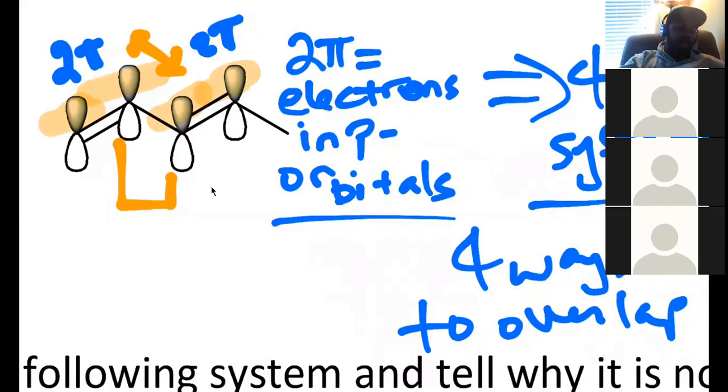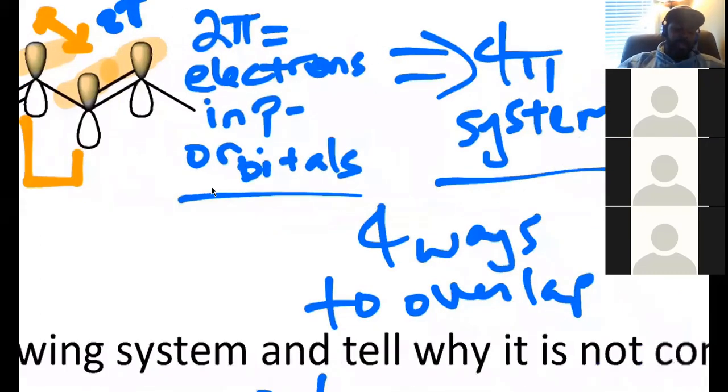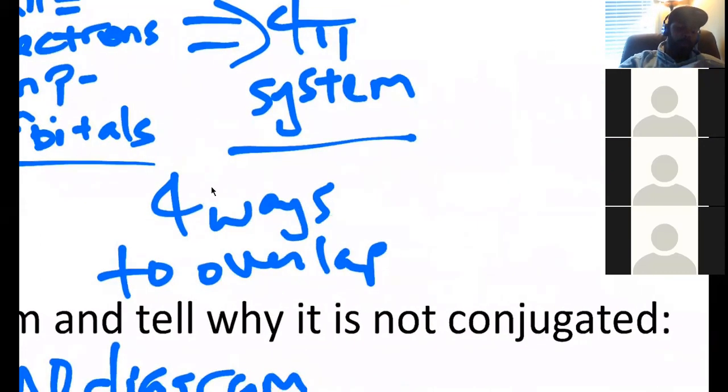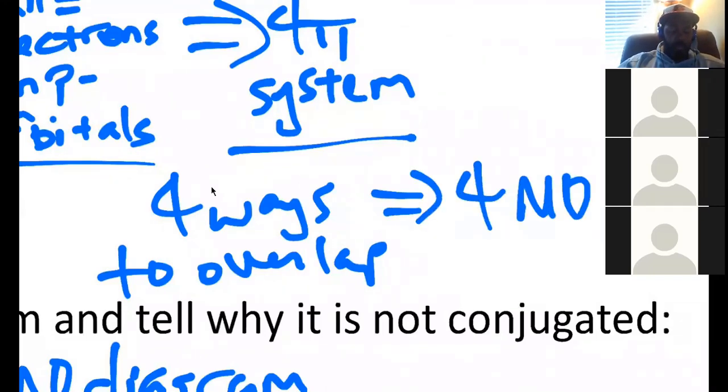And so if I have 4 p orbitals, that means I'm going to be able to combine them 4 different ways, which means I'm going to generate 4 molecular orbitals. Right? 4 different molecular orbitals. All of them are going to have 4 p orbitals in them.